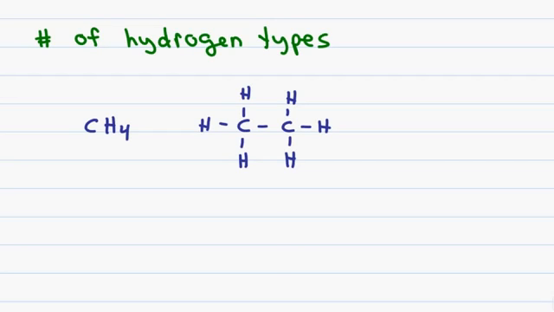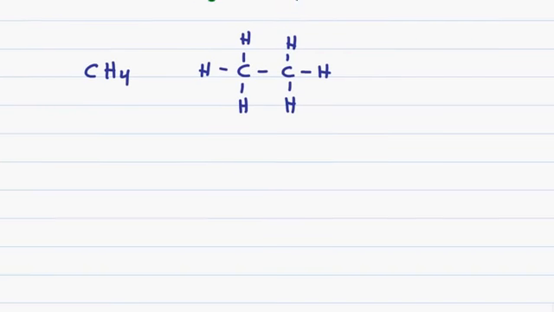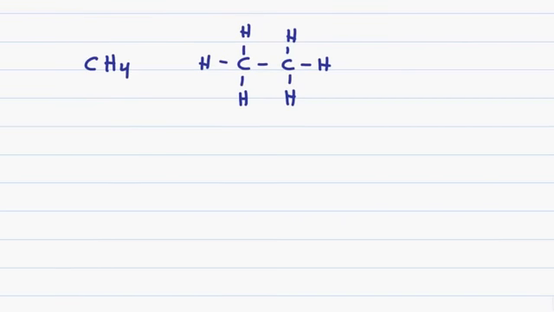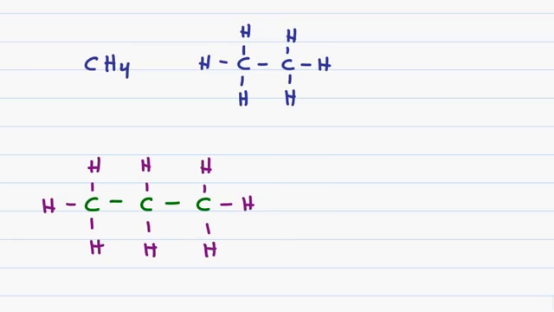If I look at a longer carbon chain, this is when the hydrogen types start to differ. For example, let's look at the molecule propane that has a total of 3 carbons and 8 hydrogens. Notice that every hydrogen on the terminal carbon is the same, and this is because there is an sp3 bond between the carbon and the central carbon, allowing the carbon to rotate and therefore not differentiating between any of the hydrogens.